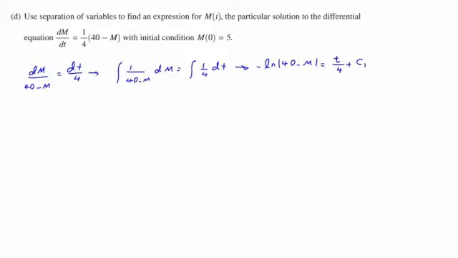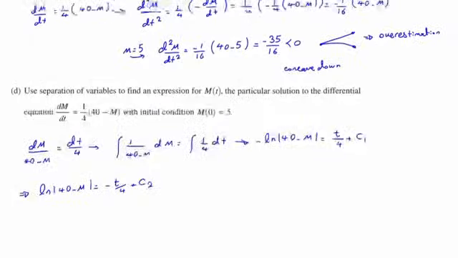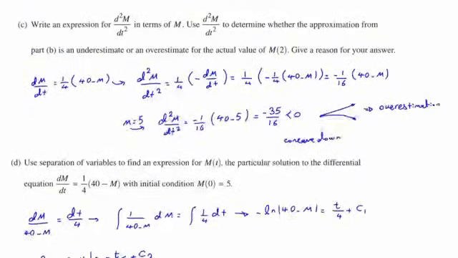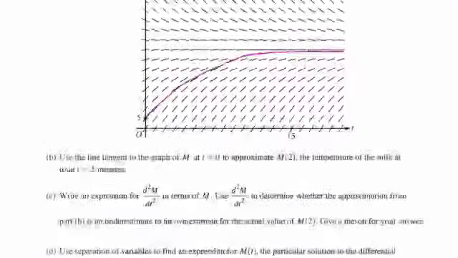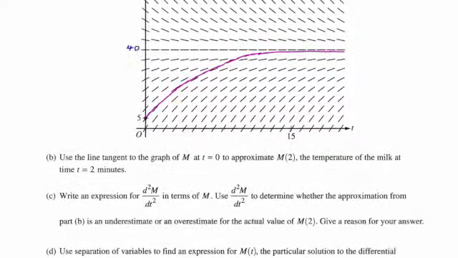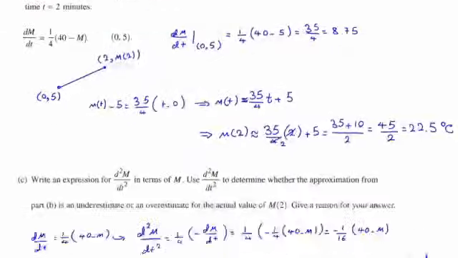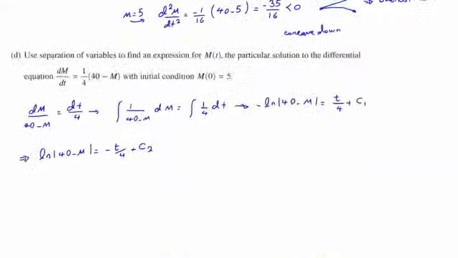Then ln of 40 minus m equals negative t over 4 minus c1, and because c1 is a constant, we can say plus c2. Then we know, by the graph and the assumption of the problem, that our graph is always less than 40. So 40 minus m here is positive.